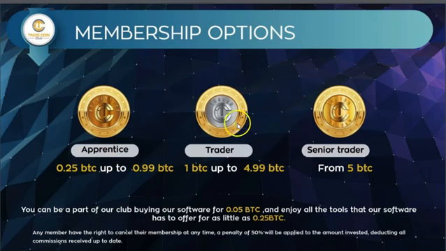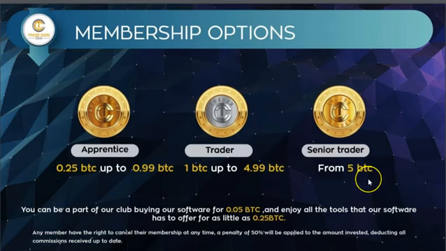Now, let's say you wanted to become a membership trader. You would add 0.05 to 1 Bitcoin, so it would be 1.05 if you wanted to get started as a Trader. And if you wanted to get started as a Senior Trader, it would be 5 Bitcoin plus, remember, don't forget your 0.05.